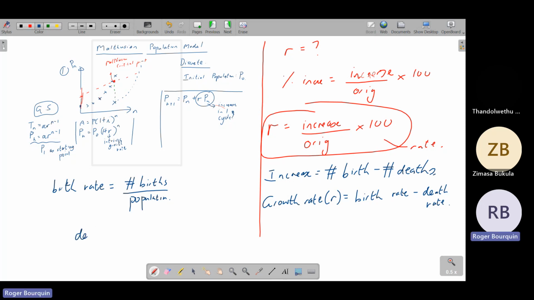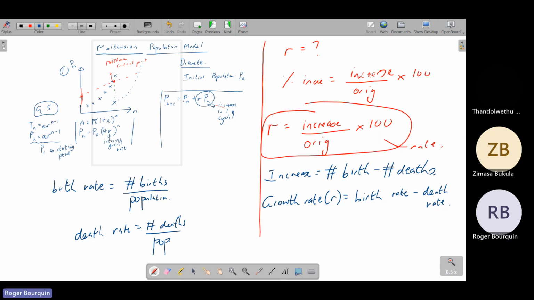And death rate equals the number of deaths over the population. The growth rate is birth rate minus death rate.